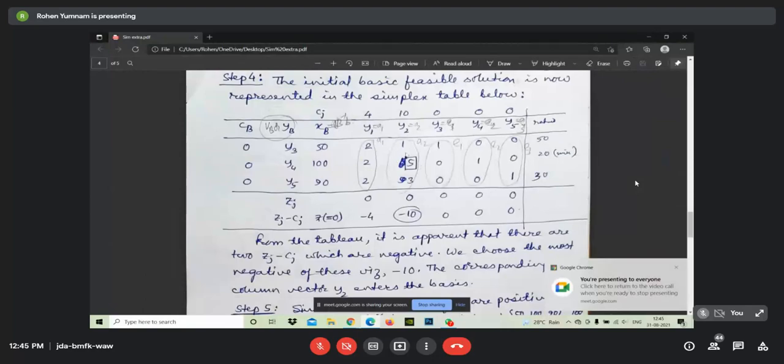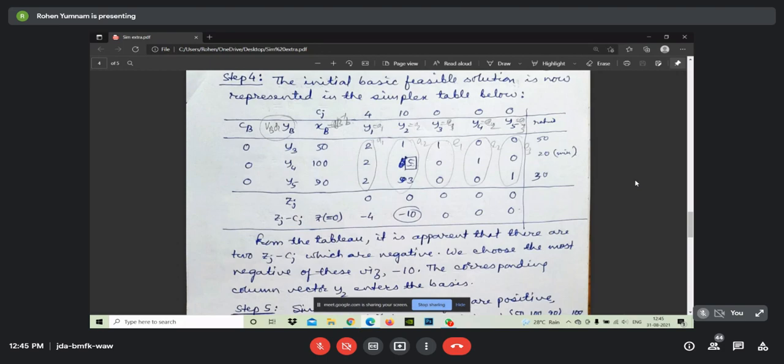But according to this, you can see this will be the leading element. Now our target is to make this leading element 1, and the other elements, that 1 and the 3, will be 0. We have to make it.